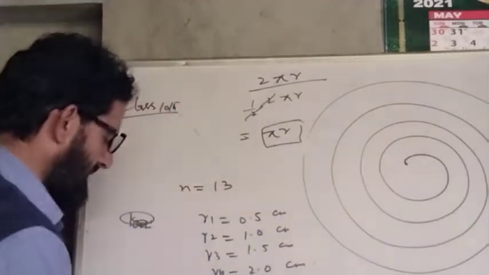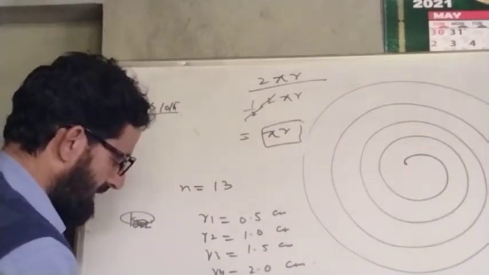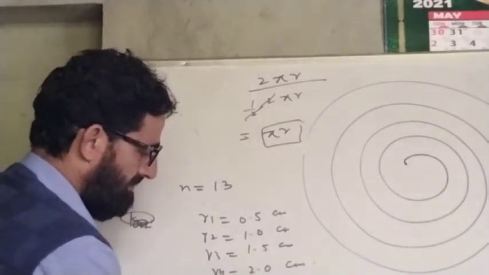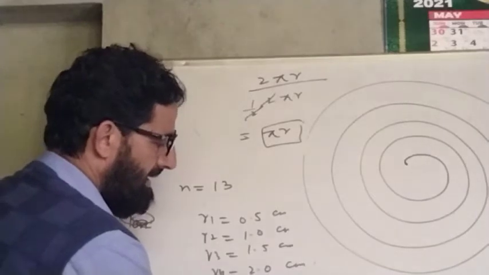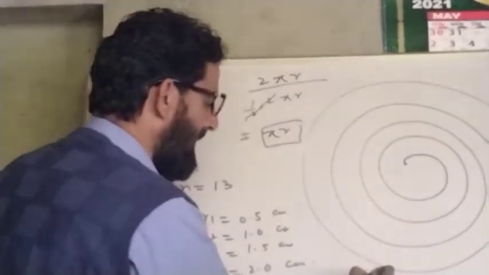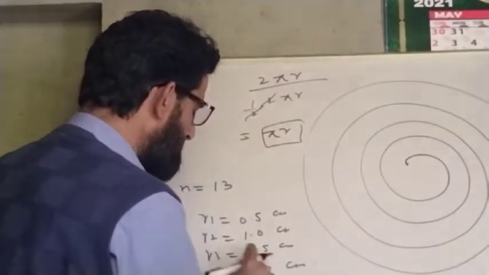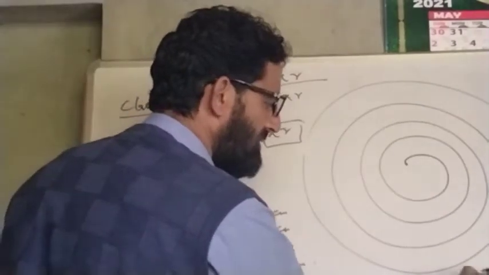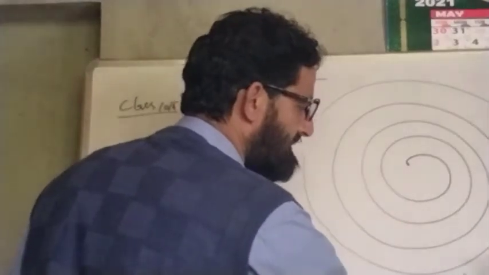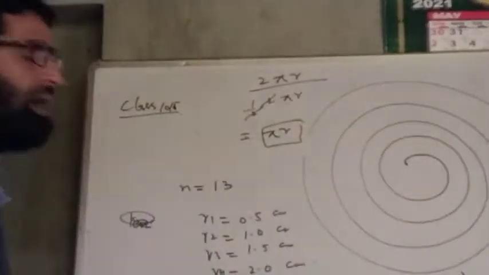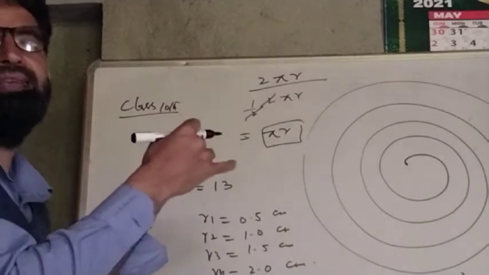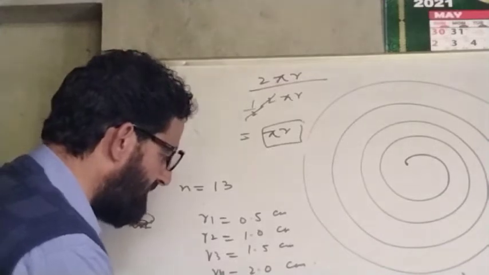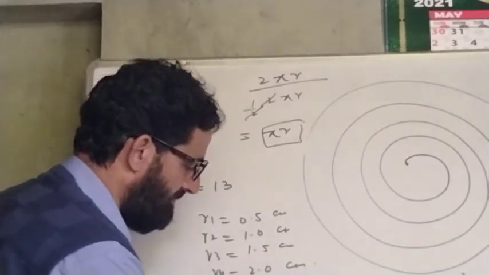Length of one semicircle is pi r. What is pi? Pi is pi and r is 0.5. So this is equal to 0.5 pi centimeter. This is the length of one semicircle, or you can say circumference of the semicircle. Similarly, what is the length of the second semicircle?